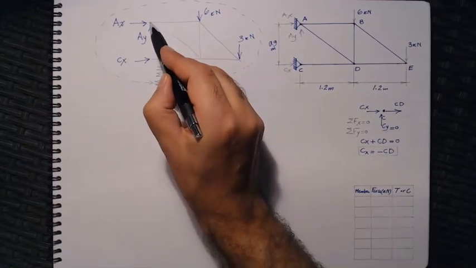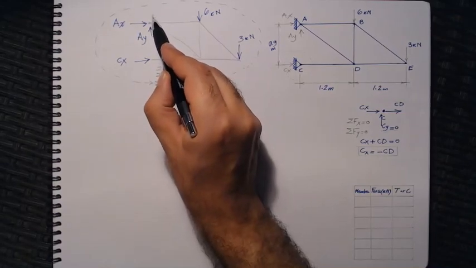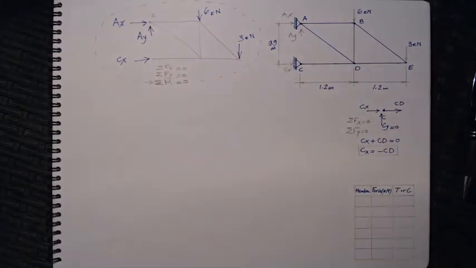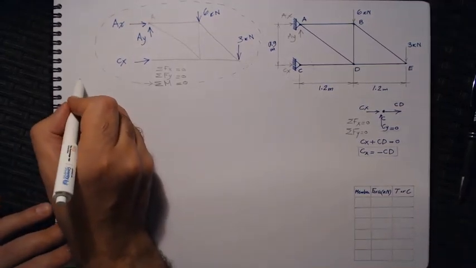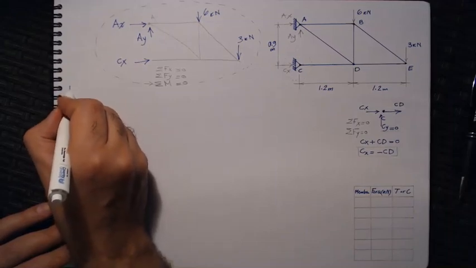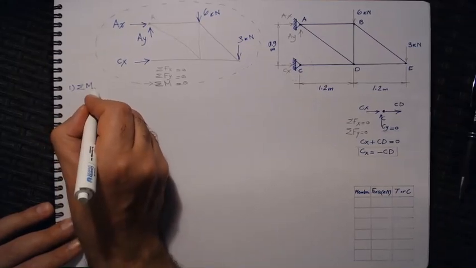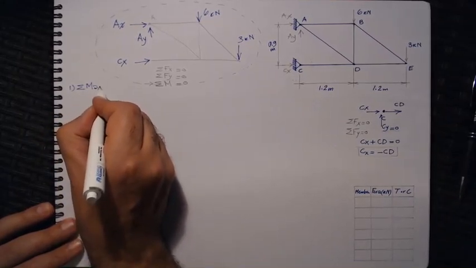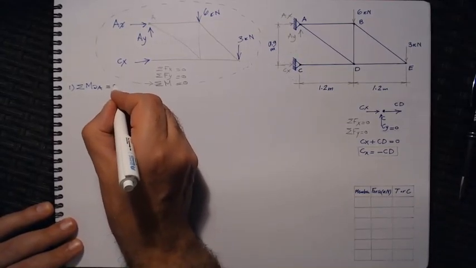So we might as well start by taking the summation of moments about joint A. So let me start with the first equation. I'll call it equation 1, which is the summation of moments about A has to equal 0.